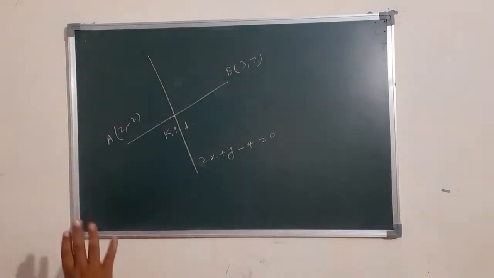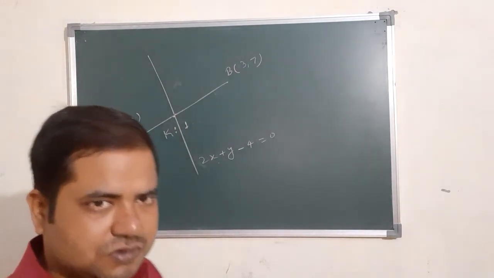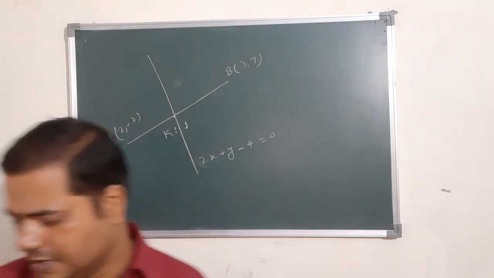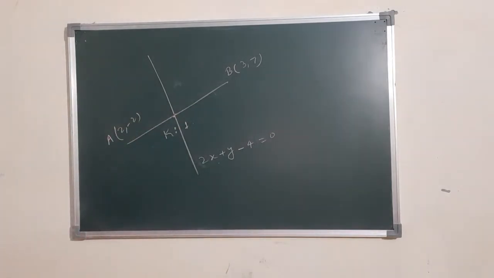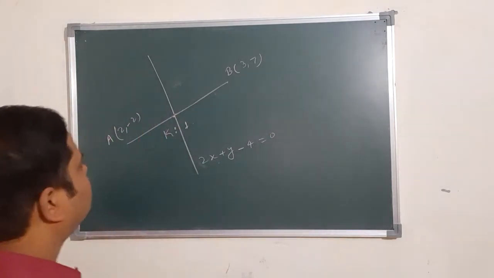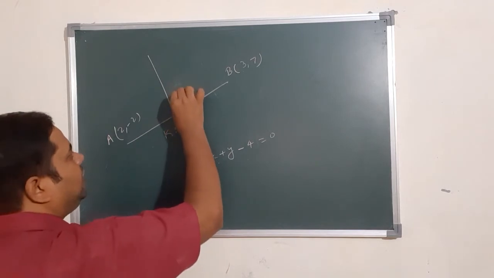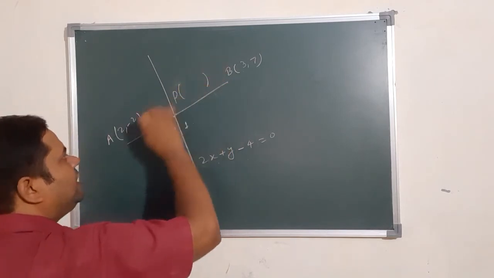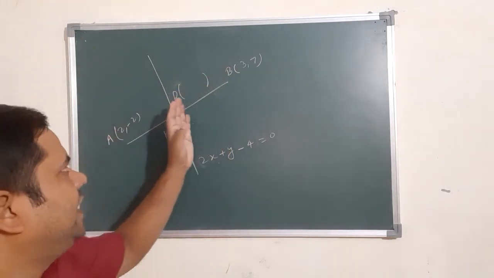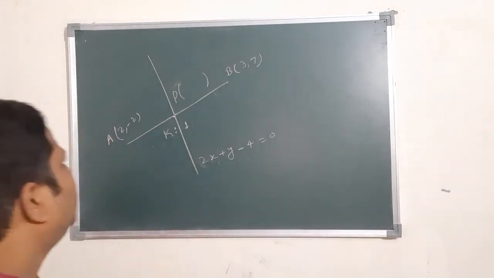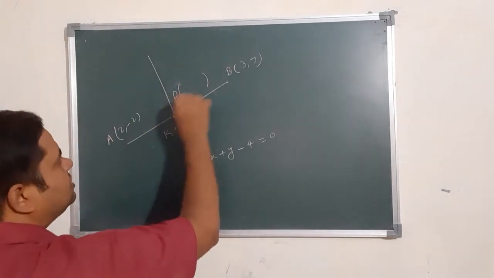So this is a very easy question. If you think about this, how can you solve it? First of all, suppose this is the point P, and then find the coordinates of this point. How will you find them? You will find them by using the section formula.